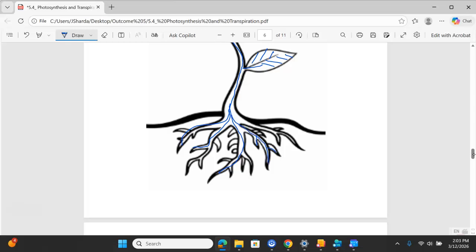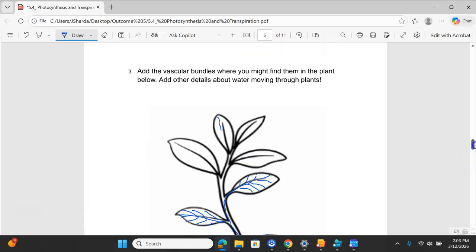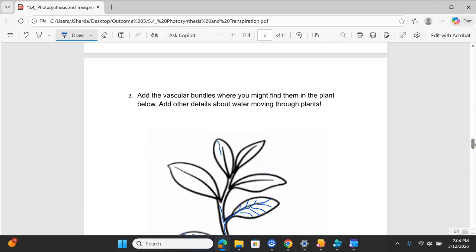So these are tubes that flow the entire length of the plant, and capillary action helps them to get all of their nutrients, all of their glucose and water to where they need to be. Okay, kind of get the idea here, right?